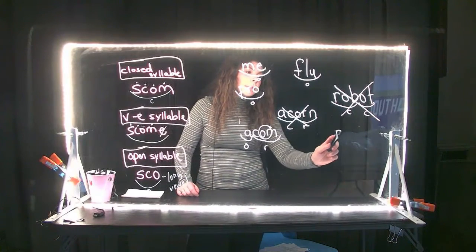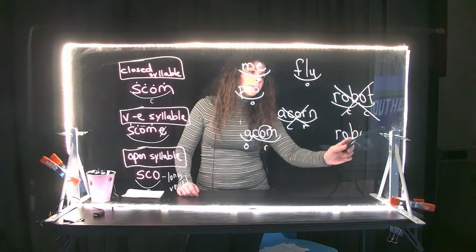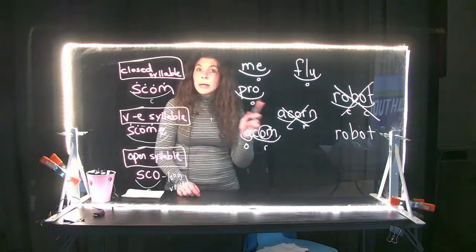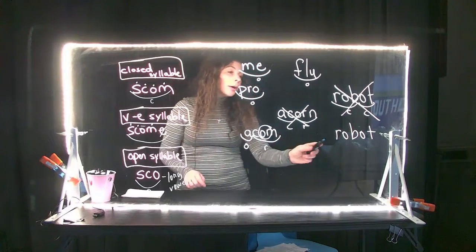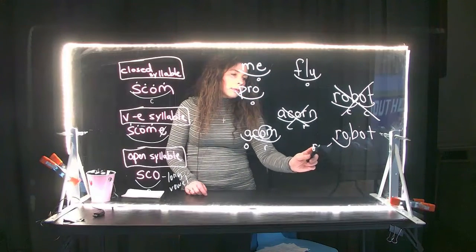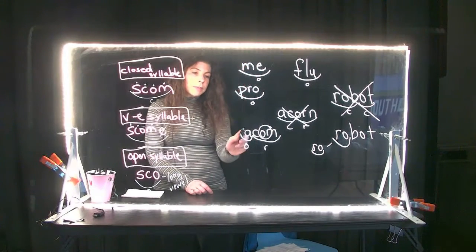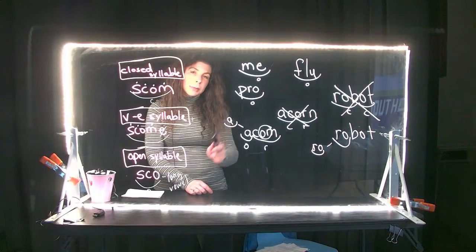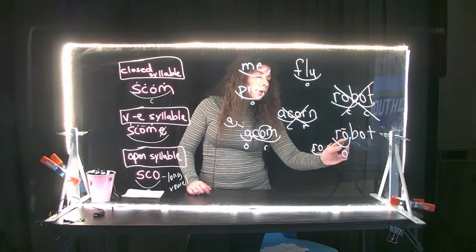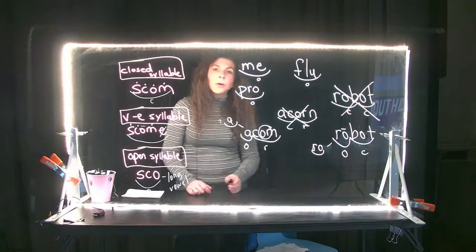Let me try an open syllable. Remember, what's an open syllable? And you're like, well, Mrs. Duskalakis, it is followed by a consonant. But remember, once you split it apart, it's not. That's an open syllable. Same thing here. That becomes an open syllable. Row, long O, bot, closed syllable. Robot.